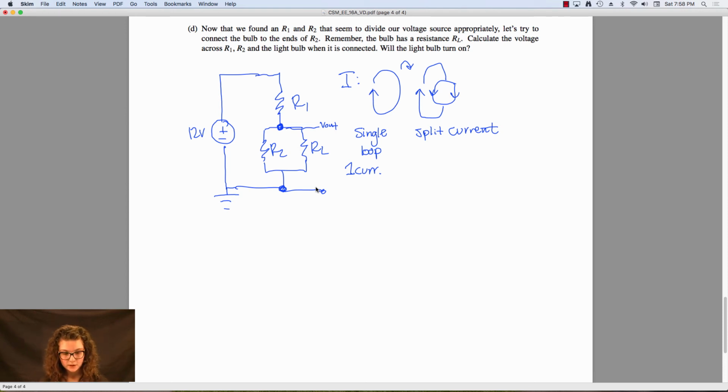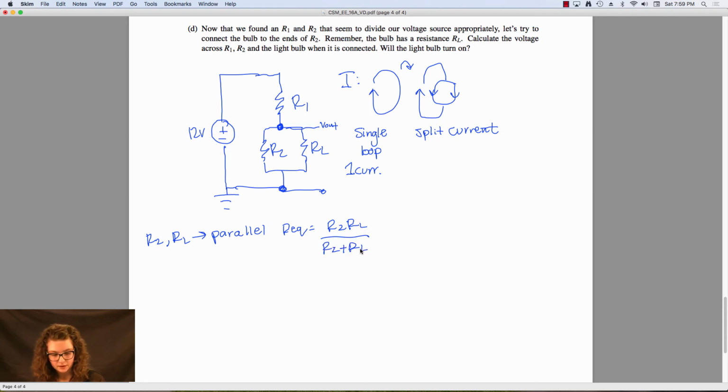We know R2 and RL are in parallel. There are two general formulas you can use for resistors in parallel. I'm going to choose the one that has multiplication in the numerator rather than the reciprocal of the reciprocals. So REQ for these two is equal to R2 RL over their sum.